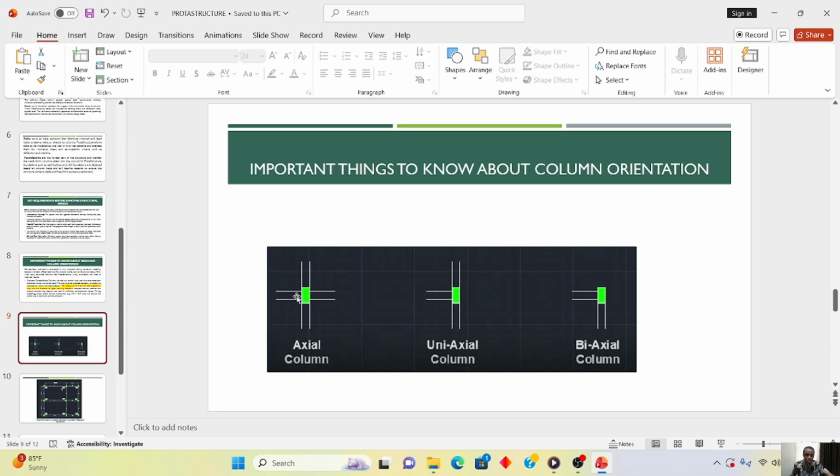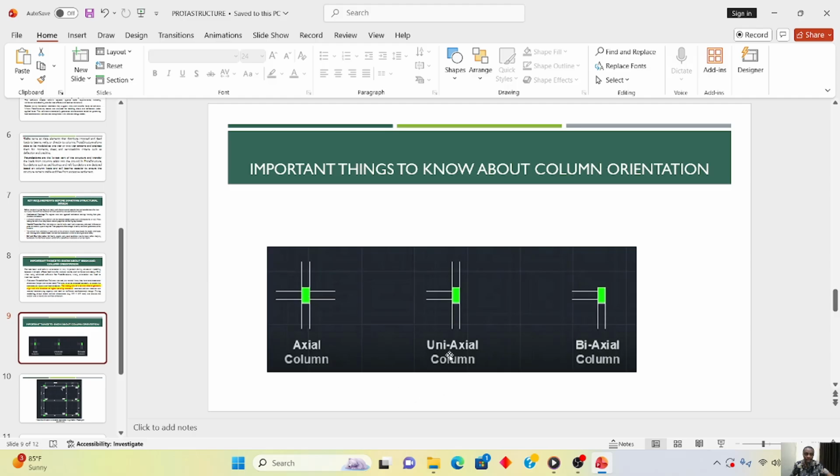Bending does not occur around this column, whether in this direction or this direction, on all four sides, as long as the dimensions of the beams are equal. All the bending is countered, meaning that this is an axial column. There is no bending in axial columns, and it is subject to loads in all directions. This is when you know that a column is an axial column.